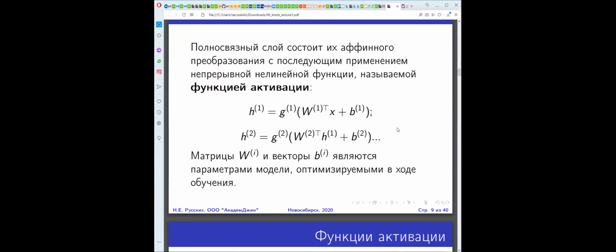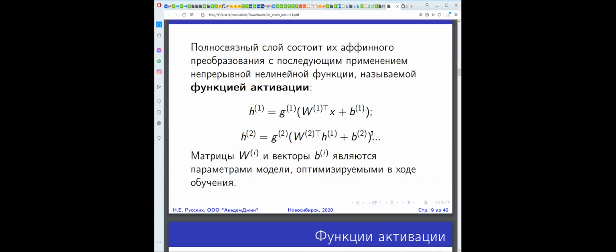So yeah, everything's pretty simple. We just have an affine transform and some function. And these parameters, W and B, weights and biases respectively, are the so-called parameters.